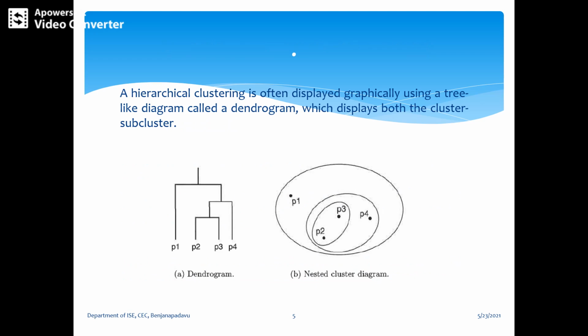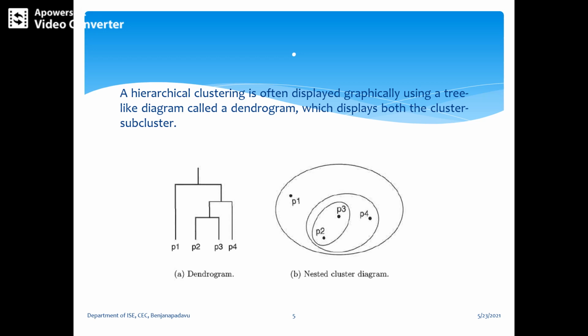Here we can see the dendrogram of the clusters, where we have represented points P1, P2, P3, P4, and nested clusters with circle oval shapes. P2 and P3 are the nearest merged clusters, followed by P4.